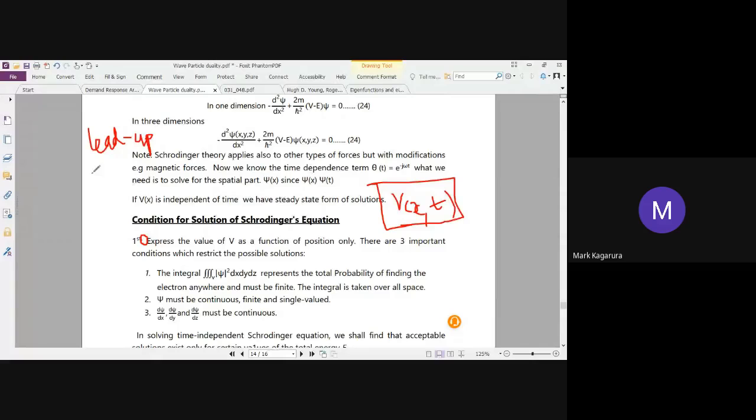We said that you have the conservation of energy, where the total energy is equal to KE plus PE, or T plus V, and then you assume one function, which was assumed.